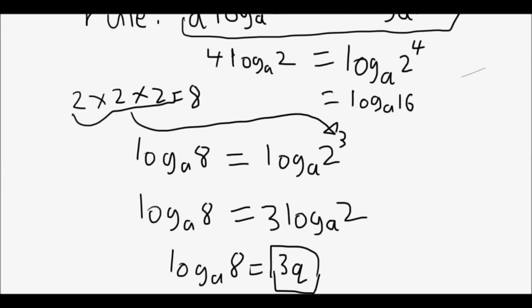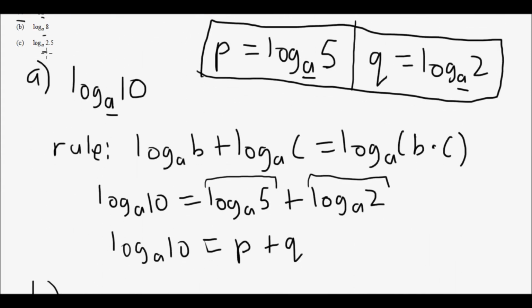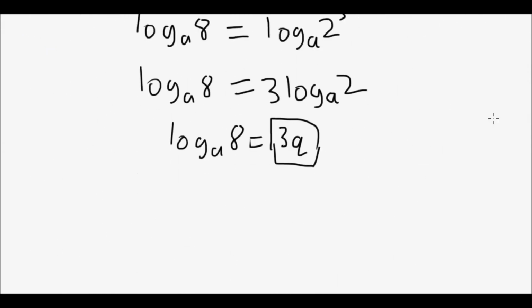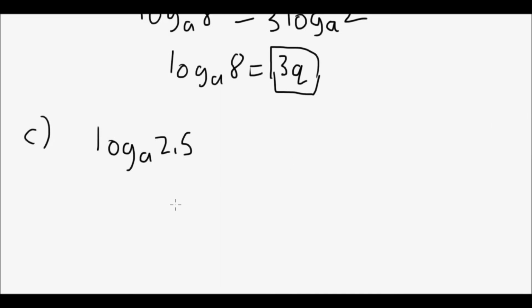Now let's move on to the last question of this problem, which is log A 2.5. So let's write down the question, log A 2.5. And we're going to use another rule here, which is when you're subtracting logs.